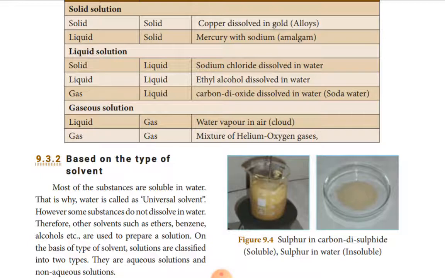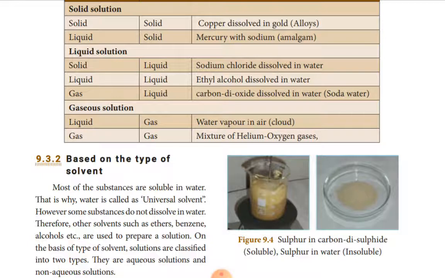These helium oxygen mixtures are used by the deep sea divers, the people who are doing research under the sea water. They use this type of cylinders having helium oxygen gases. Why is helium mixed? Helium is less soluble in blood compared to nitrogen.